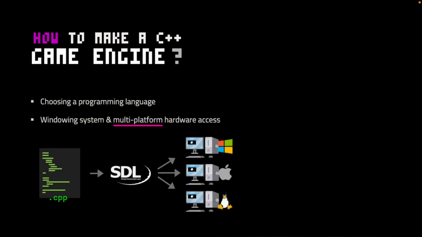Which means, in other words, if you use SDL, SFML, or GLFW, for example, these libraries are multi-platform, meaning that you're going to write one single C++ code, and these libraries are smart enough to communicate with the operating system specific details to get the correct hardware permissions for you.